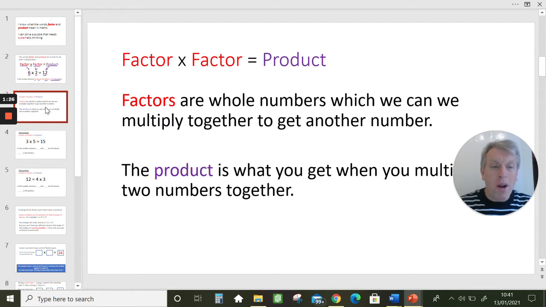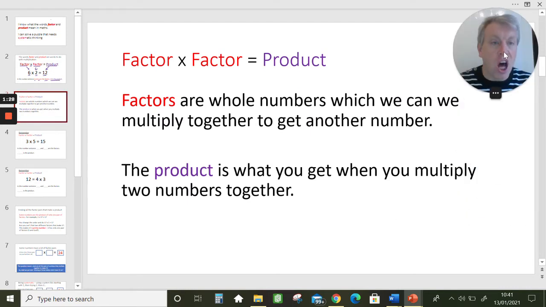And normally in maths we say that factors are whole numbers, so 1, 2, 3, not 1.5, but could be. Factors are whole numbers which we can multiply together to get another number. And the product is what you get when you multiply two numbers together.